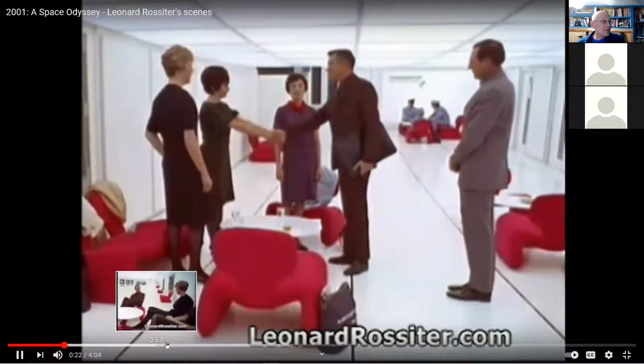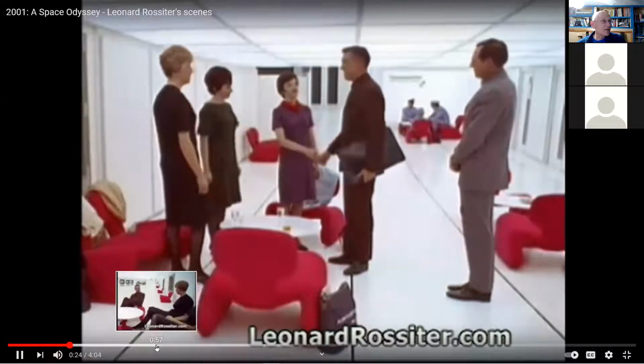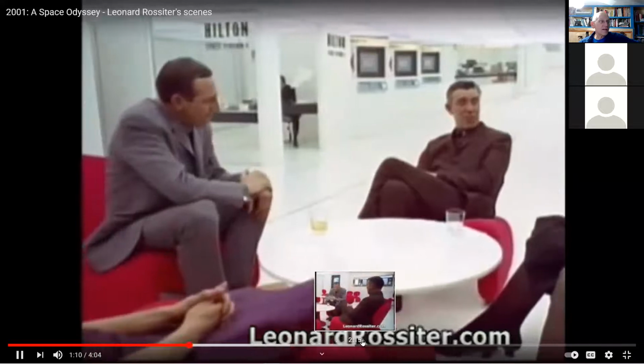Let's see, I don't know. Maybe, yeah, you can see how the floor is curved in this scene, looking far away toward those other chairs. Yeah, this one doesn't really show very well.